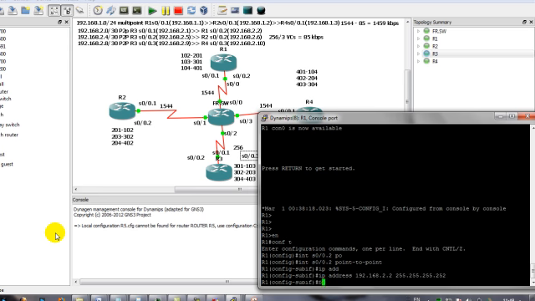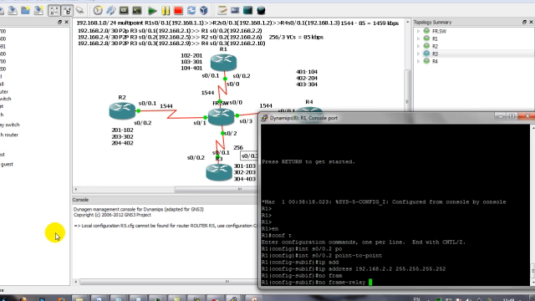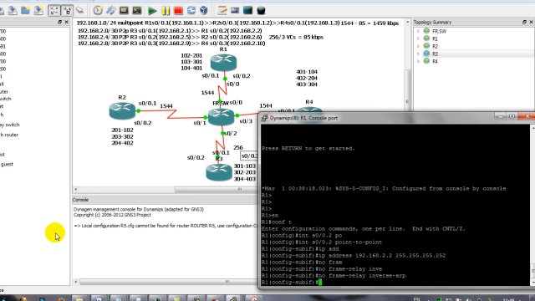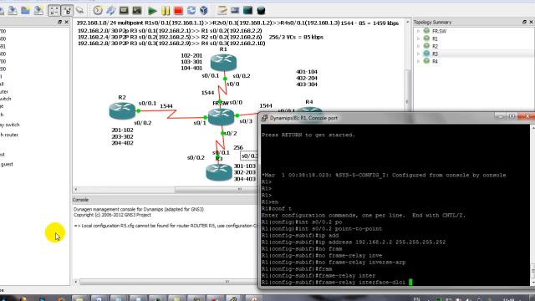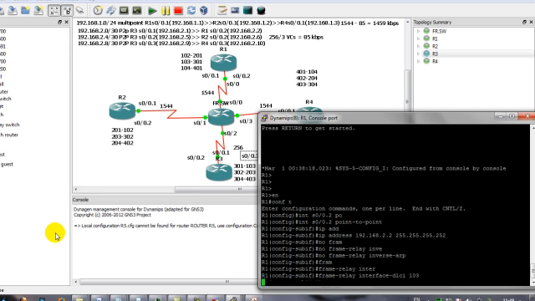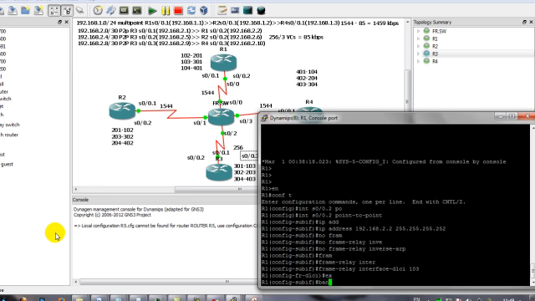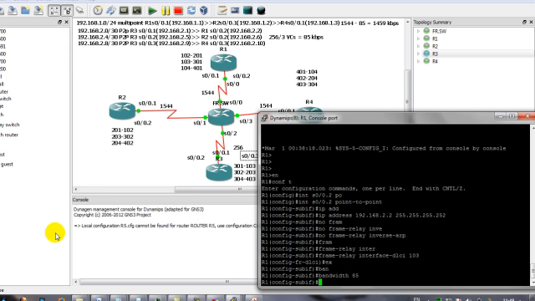No, sorry, no frame-relay inverse-arp. Frame-relay interface-dlci through 103. Exit. Don't forget the bandwidth here for point-to-point, 85.